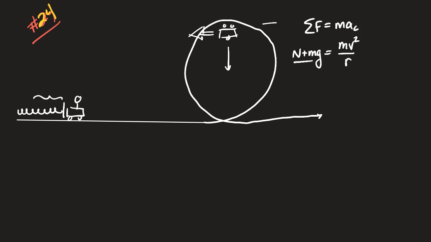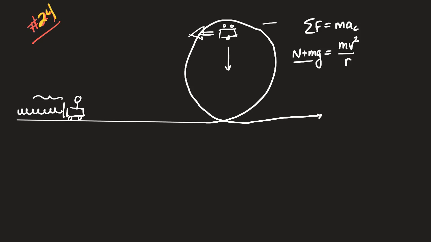Here's the thing. If I go really fast, if I make v a very large number, then I'm going to need the weight of the cars and the normal force to both push on the cars to get them to curve. As I slow down and try to go slower and slower through this loop, I will find that the weight contributes the same amount to the force because the weight of the car isn't changing.